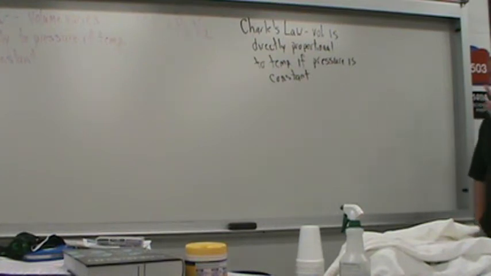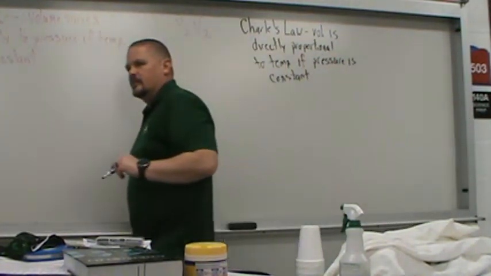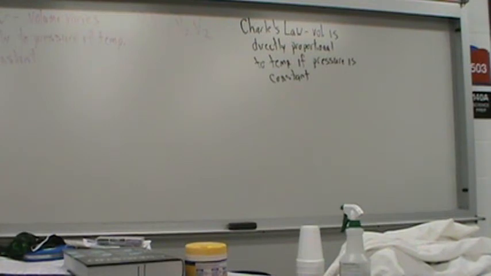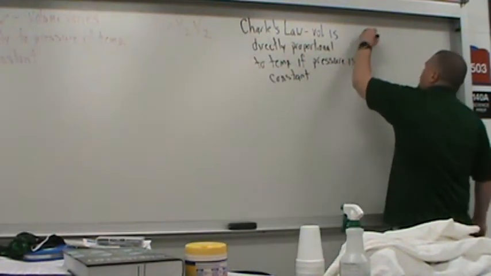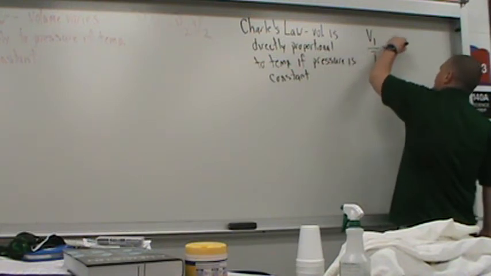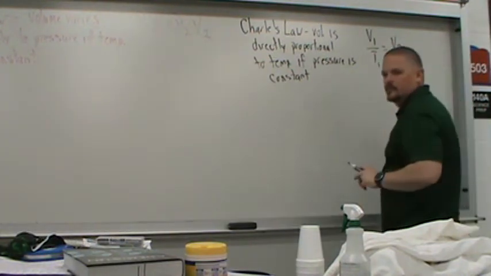All right, so something is directly proportional. If one goes up, the other one goes up as well. So formula for Charles' Law, V1 over T1 is equal to V2 over T2.